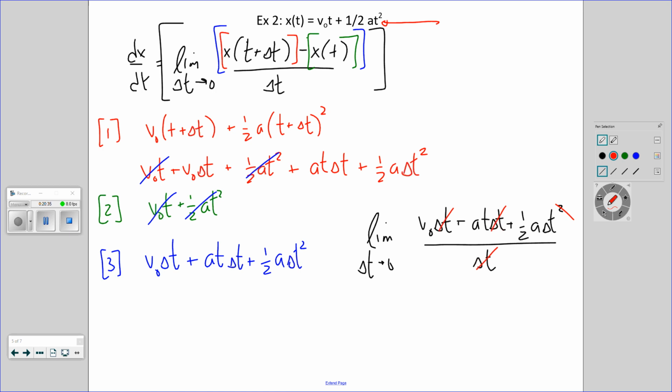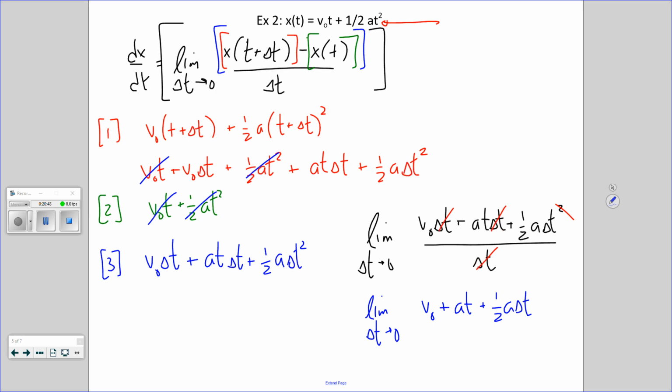So now we're taking the limit as delta t approaches 0. I'll just write it one more time: V naught plus AT plus 1/2 a delta t. And this term, as delta t approaches 0, approaches 0.